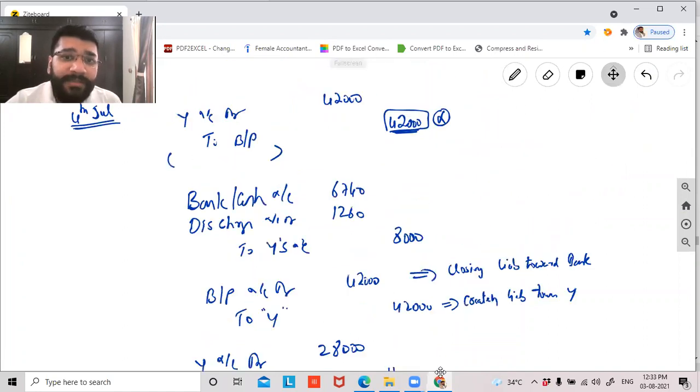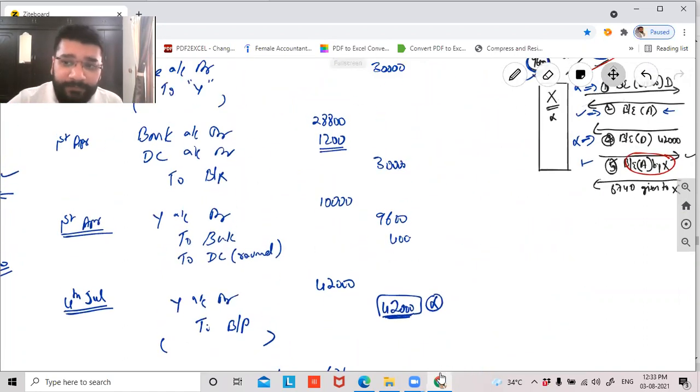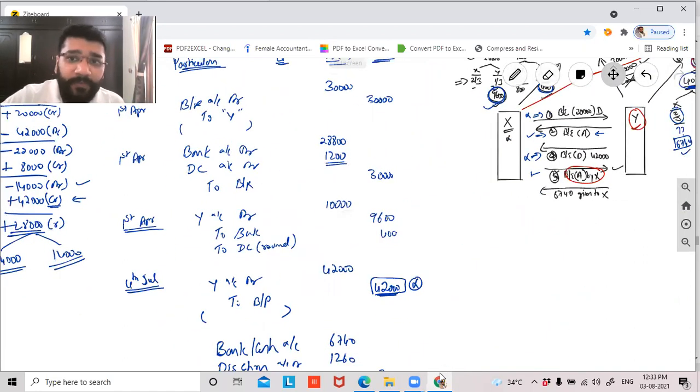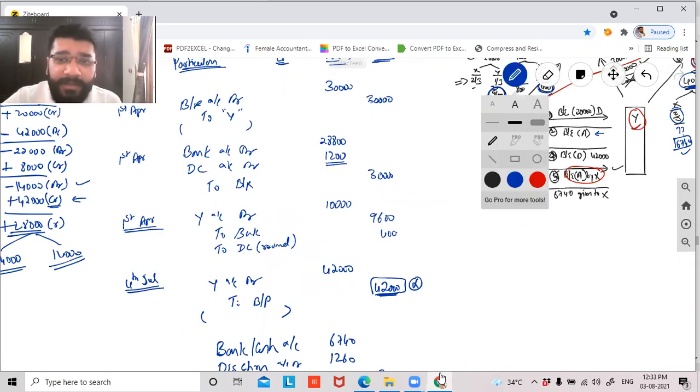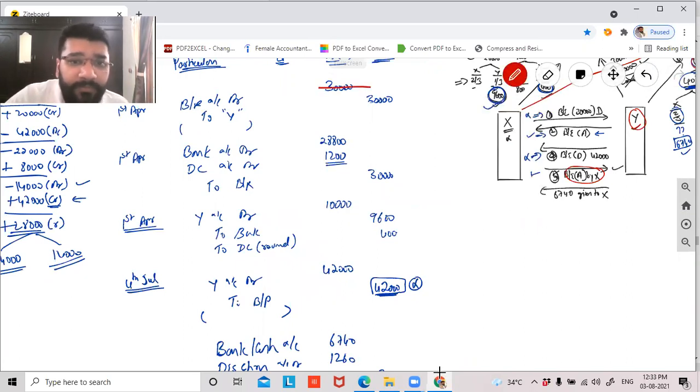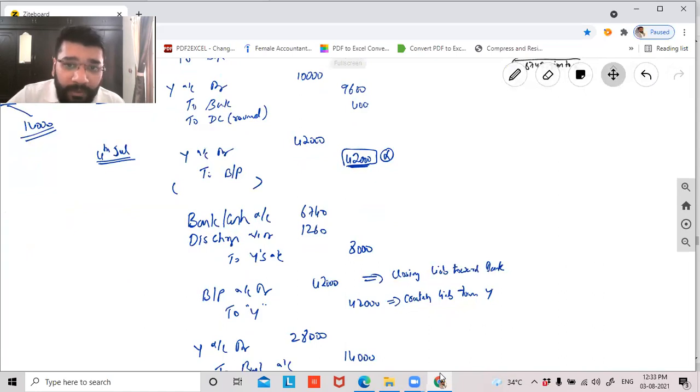Now let's see whether all accounts are closed or not. Let's check, guys. Bills receivable 30,000 debit, and bills receivable 30,000 credit. Y's account, guys, let's see how much is there in the credit. First 30,000 rupees here, then if you come down, 8,000 rupees credit here and 42,000 rupees credit here.